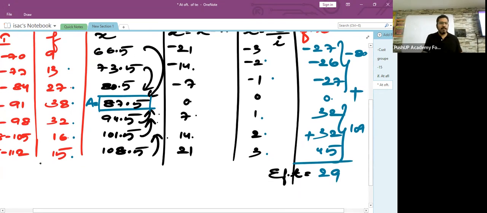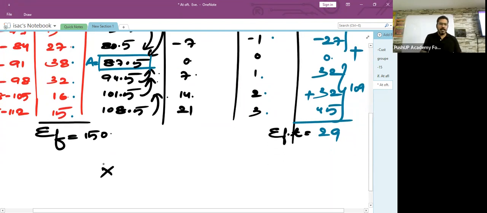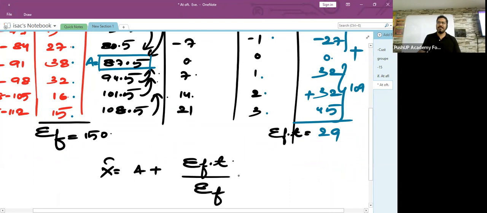How much was sigma f? 150. You all added it. All right. Sigma f is equal to 150. So every other value is available. Let's find the average. Average is equal to assumed mean plus sigma f into t divided by sigma f, into i.